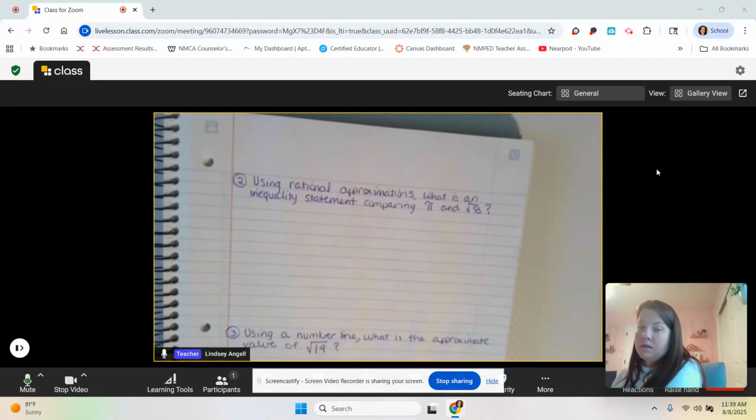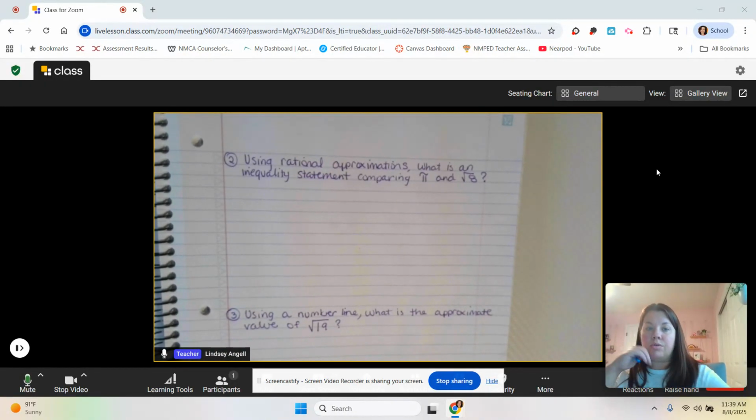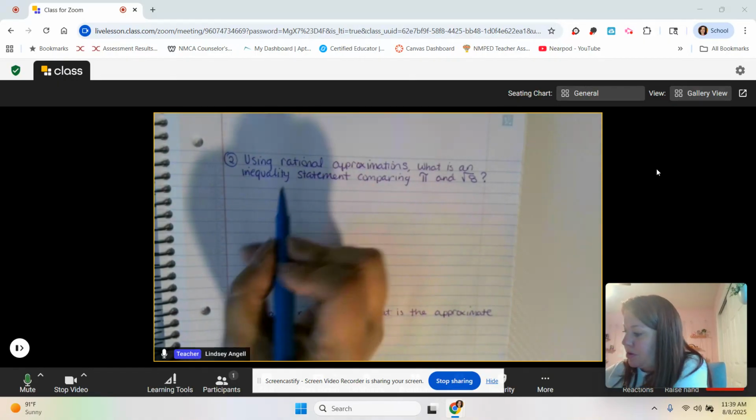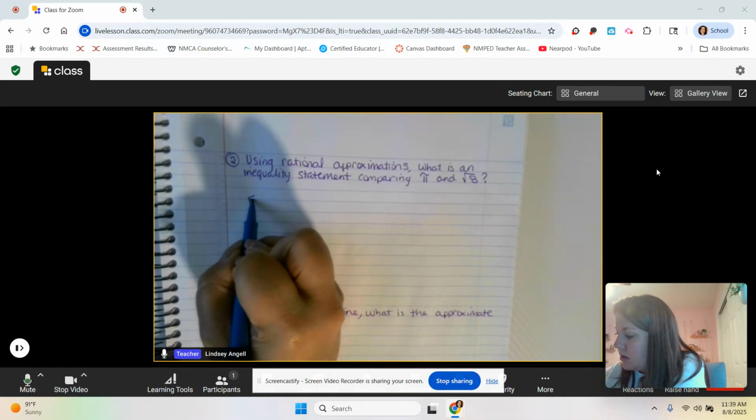Number 2, using rational approximations. Doesn't that sound fancy? Using rational approximations, what is an inequality statement comparing pi and the square root of 8? First, I'm going to set up another number line.